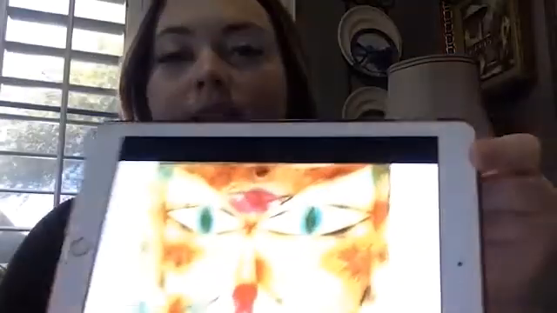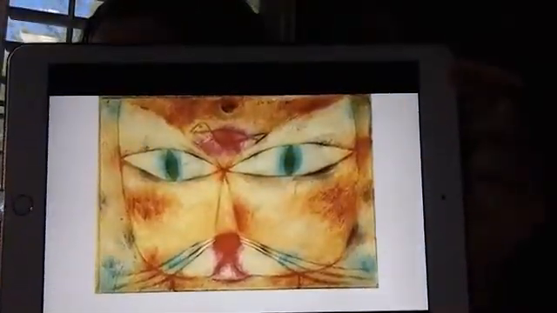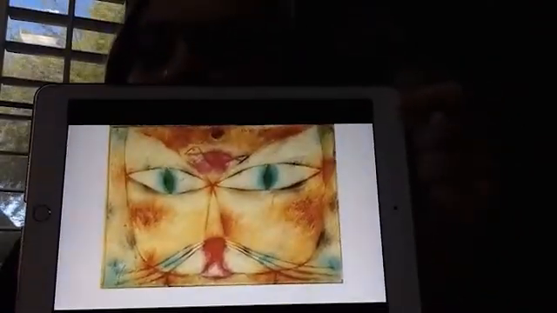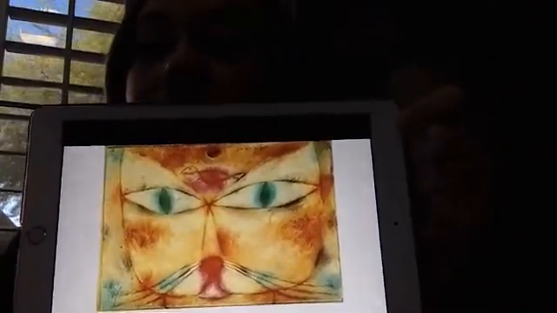Now today we are going to analyze one of his pieces of art, and it's called Cat and Bird. Let's look at it. This is called Cat and Bird. Can you guys spot the bird? Now, it doesn't look exactly like a bird because remember, this is abstract art.